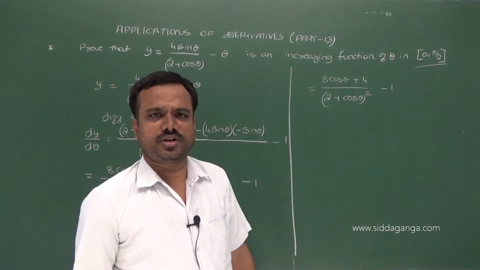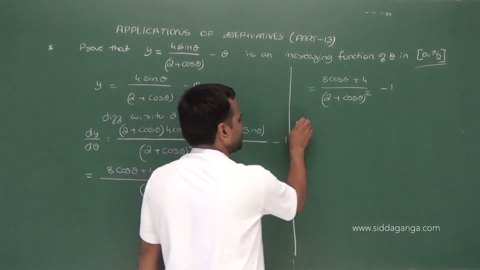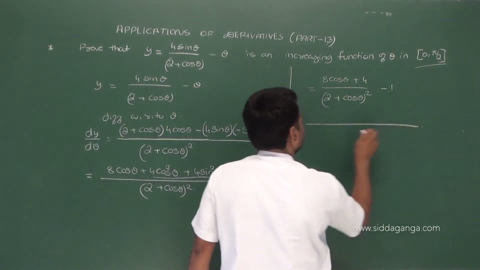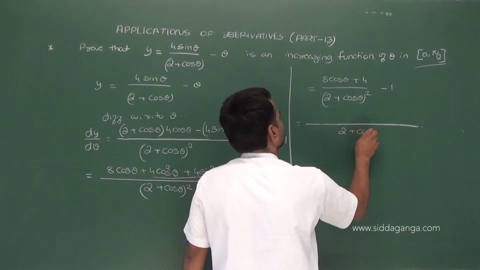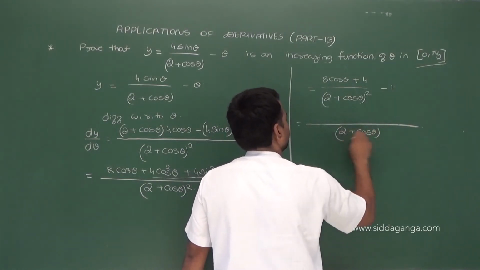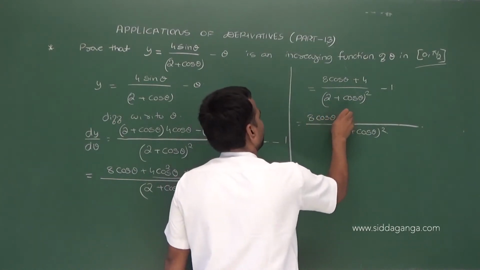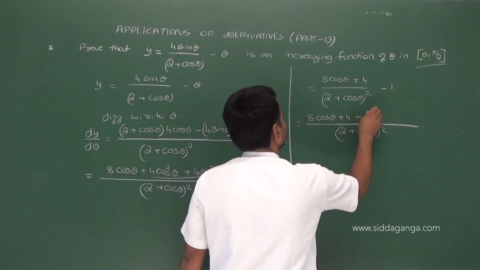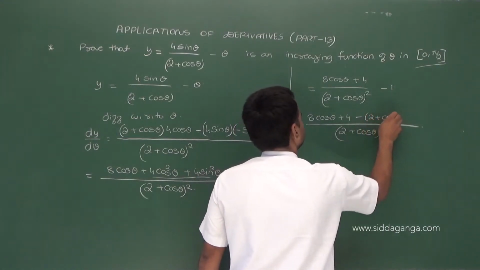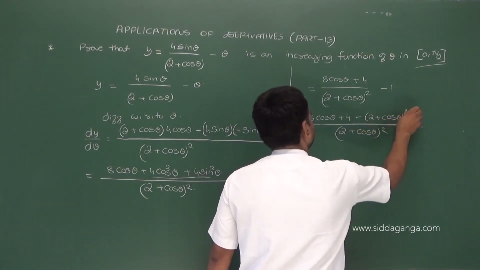Take the LCM. LCM is 2 plus cos theta whole square. 8 cos theta plus 4 minus 2 plus cos theta whole square.